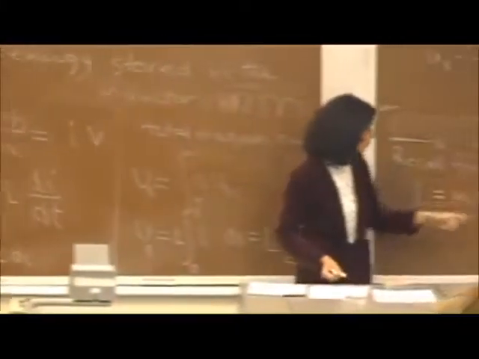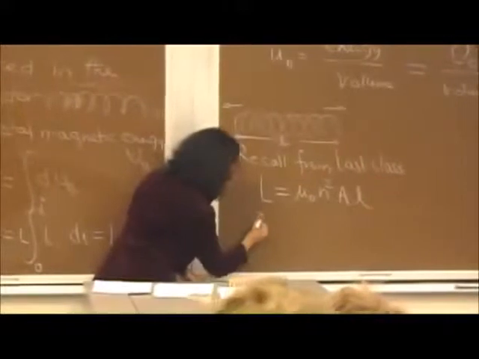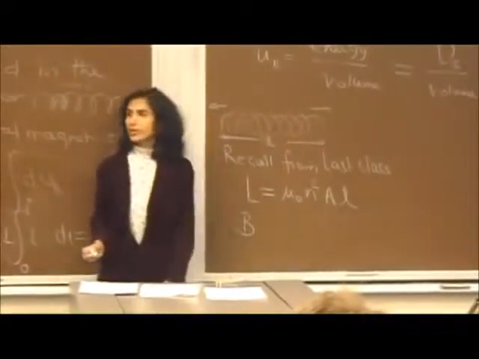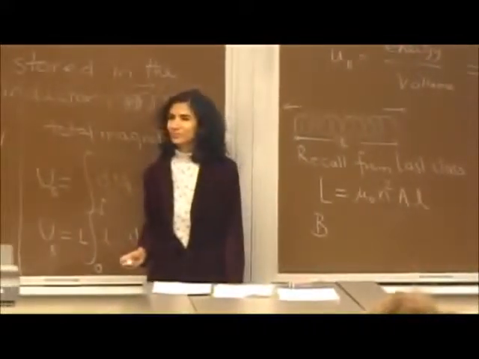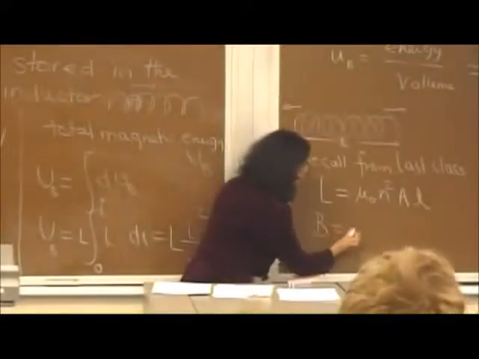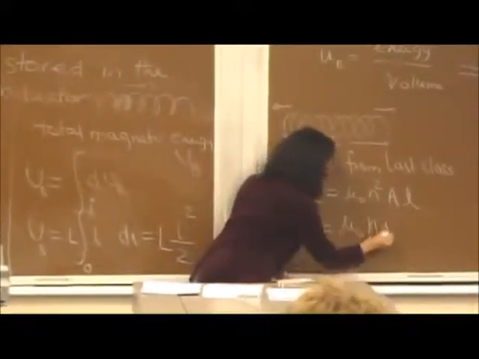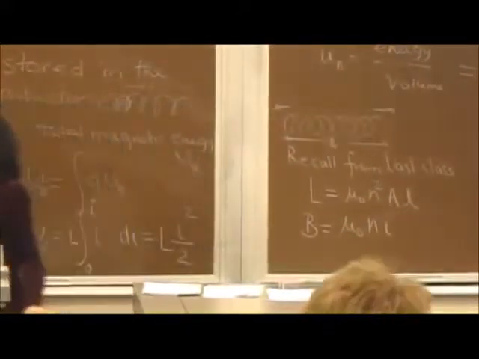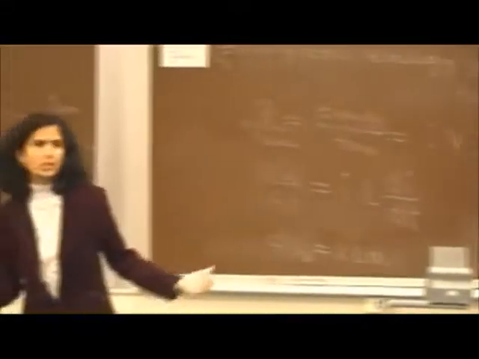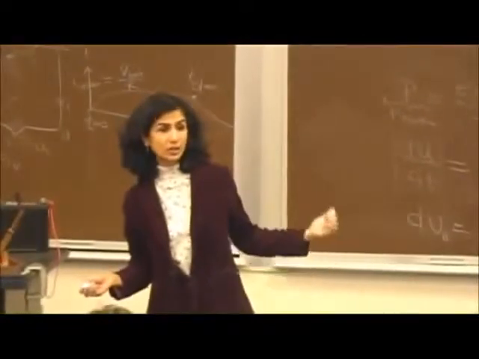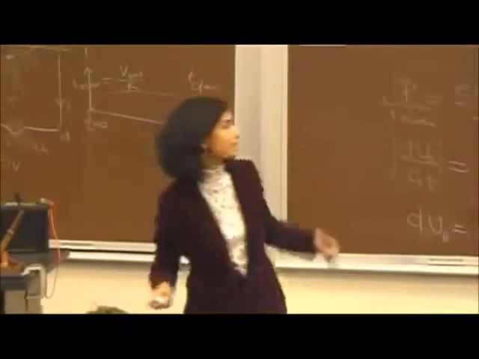So what we are going to do, and remember, does anybody remember what was the magnetic field produced by a solenoid? You learned this in a few classes ago, this was mu 0 n times I. Using Ampere's law, do you remember we found an expression for the magnetic field inside of a solenoid to be mu 0 times n times I?